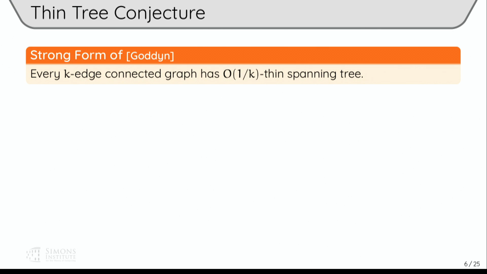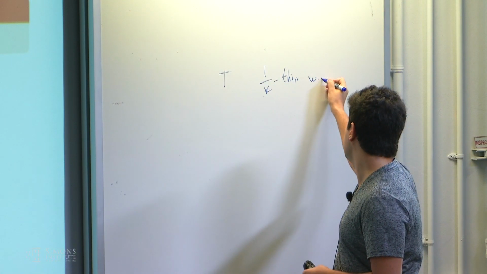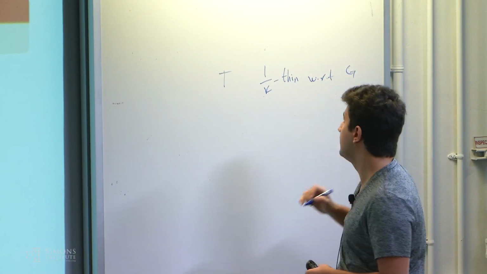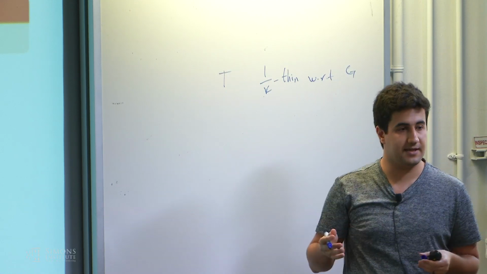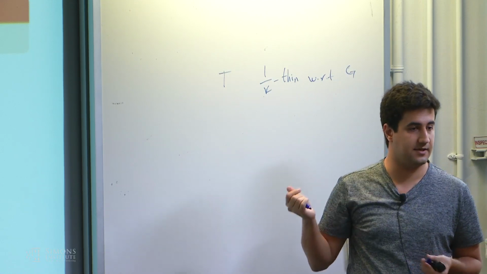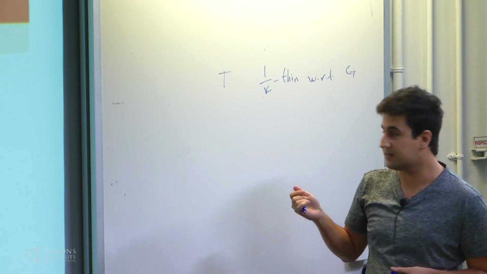So what's a necessary condition for the existence of a thin tree? Well, if you're going to have a tree which is, let's say, 1 over k thin with respect to a graph G, then it better be the case that the graph G has at least k edges in every cut, right?